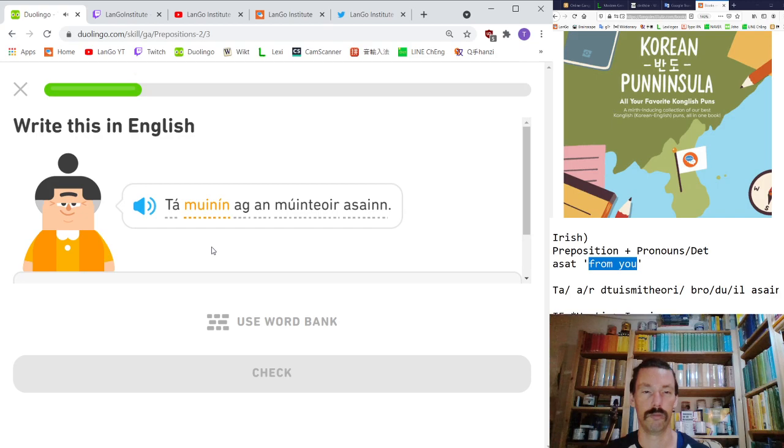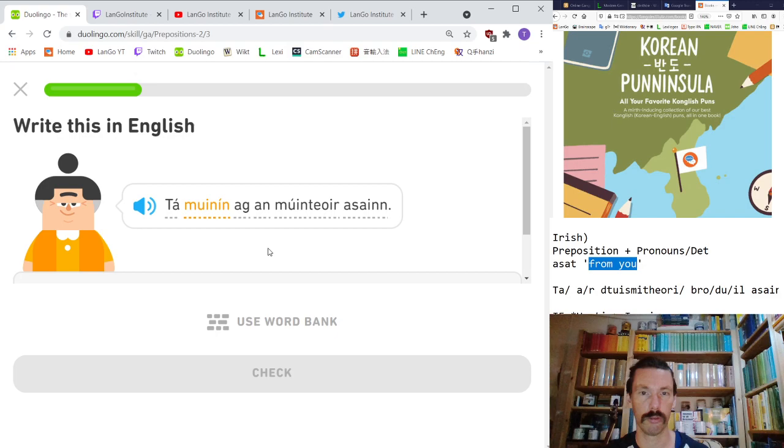Tá muinín ag an múinteoir asainn. So the E vowel, letter I, on either side of N there, tells us the slender one. Tá muinín ag an múinteoir asainn. At the teacher. Trust. Wait, múinteoir is teacher, yeah.